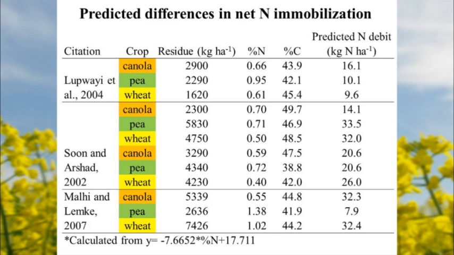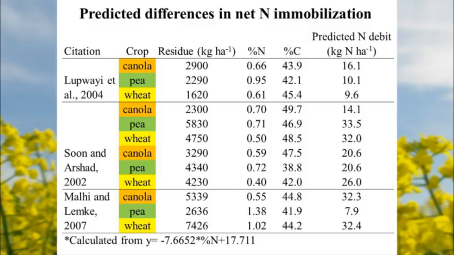In our systems, where you have a lot of wheat straw of poor quality, that's why we end up debiting. In the systems with pea, where you have more residual nitrogen after cropping, as well as a lot less immobilization or nitrogen tie-up, we end up giving that a credit, relatively speaking.